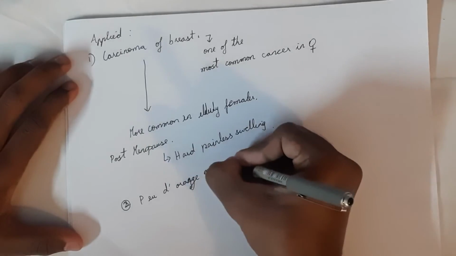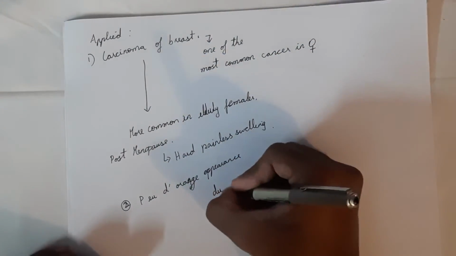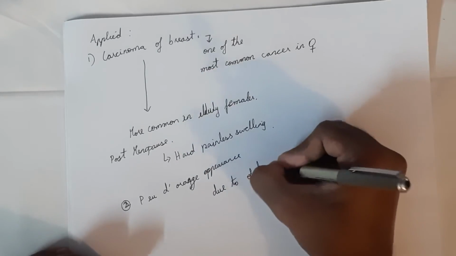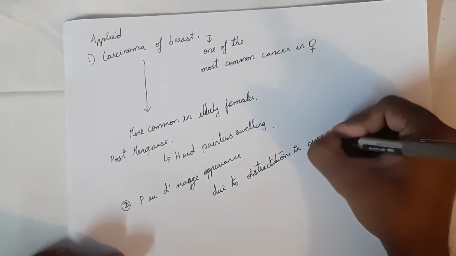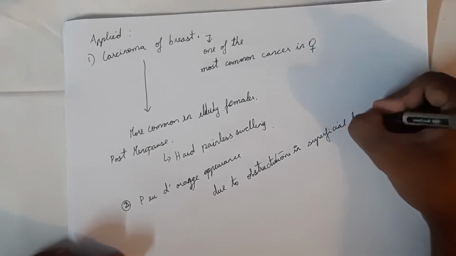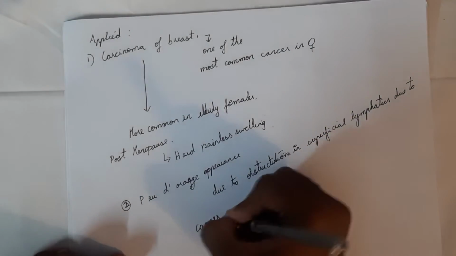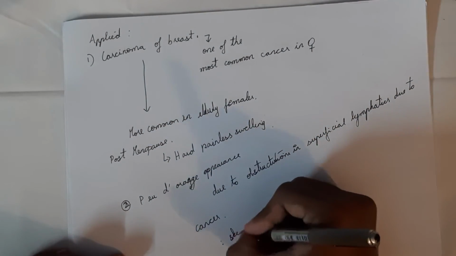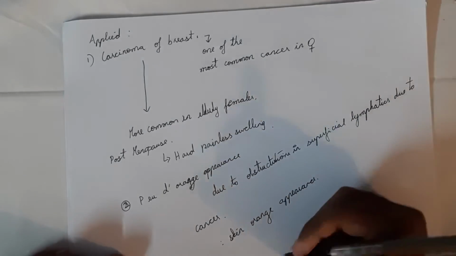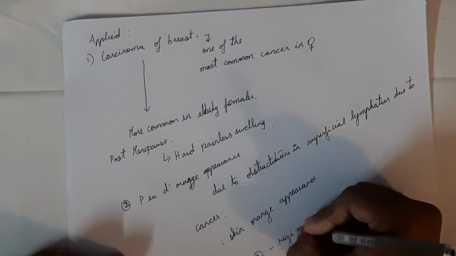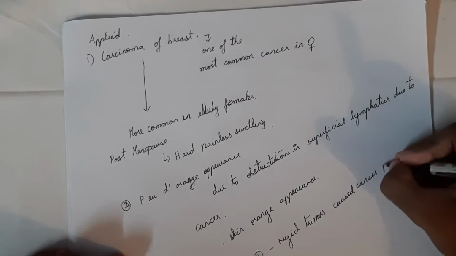It is the orange-peel appearance of the breast when affected by carcinoma, due to obstruction of the superficial lymphatics caused by cancer. The skin has an orange-like appearance. The third one is rigid tumors. These are caused by cancer cells which penetrate Cooper's ligament.